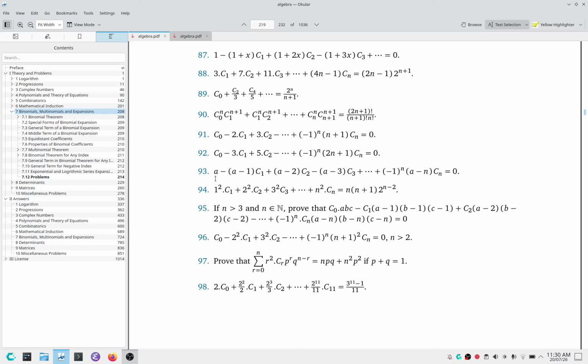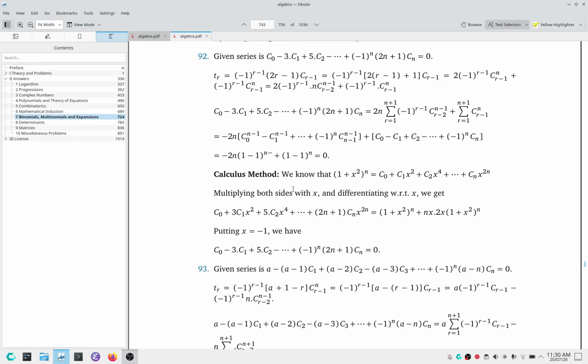Question 93 says that we have to prove that a minus 1 c1 plus a minus 2 c2 minus a minus 3 c3 up to minus 1 to the power n a minus n cn is equal to 0.